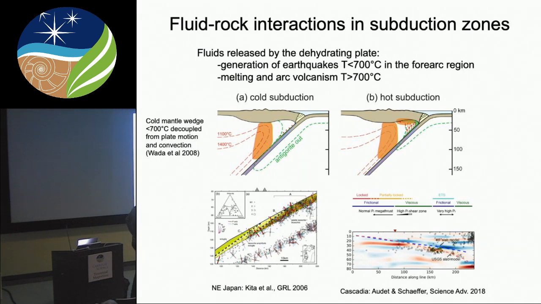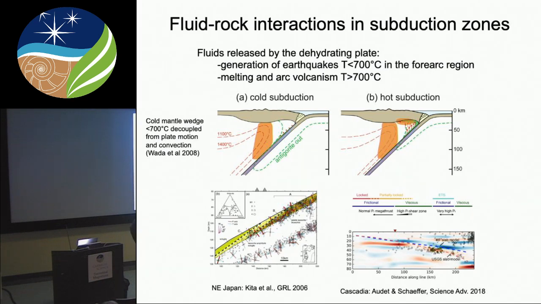And I'm going to separate two regions based on temperature. We have a region below about 700 degrees C, which is the cold fore-arc region, in which fluids are mostly aqueous.